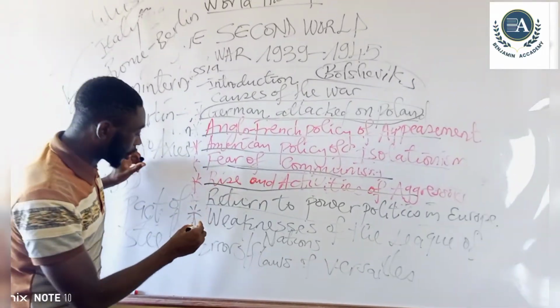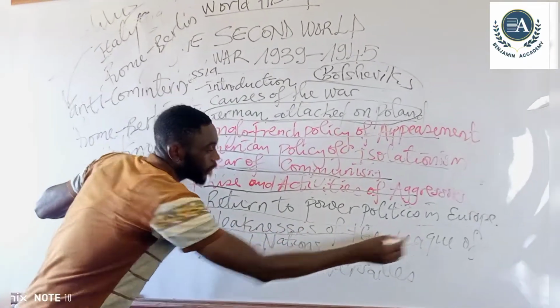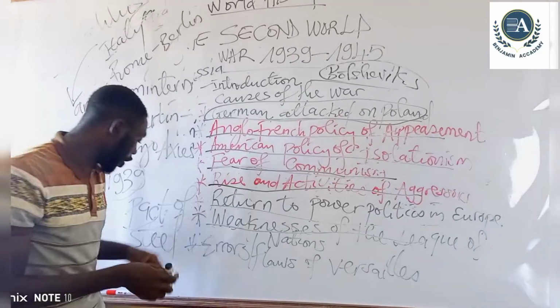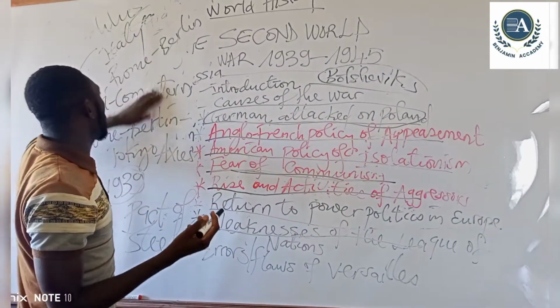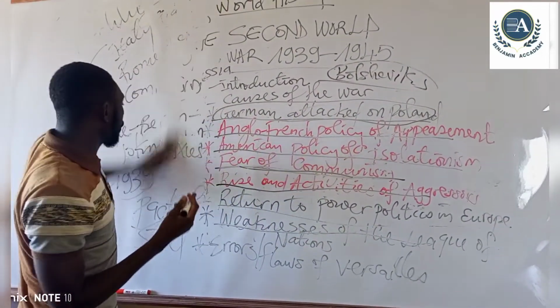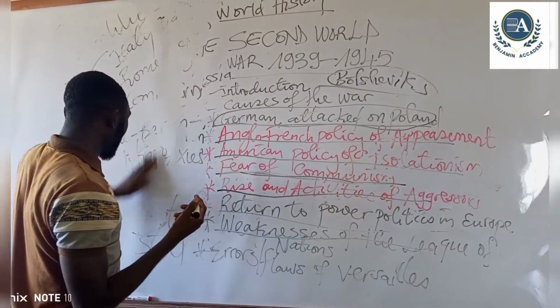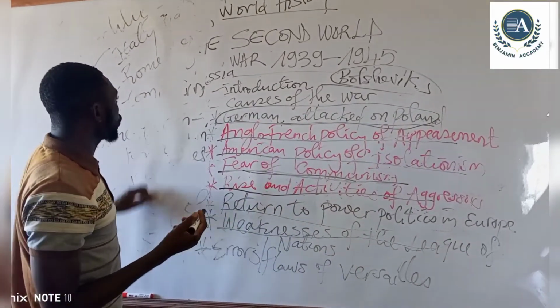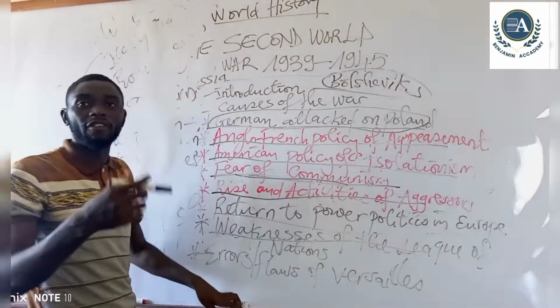The next reason, we talk about the weaknesses of the League of Nations. The League of Nations, as we have all seen, was an international organization that was formed in 1919. The idea was introduced by President Woodrow Wilson of America.